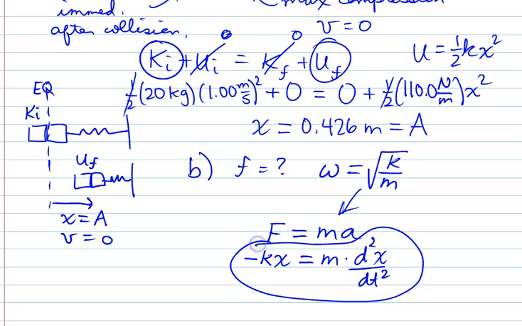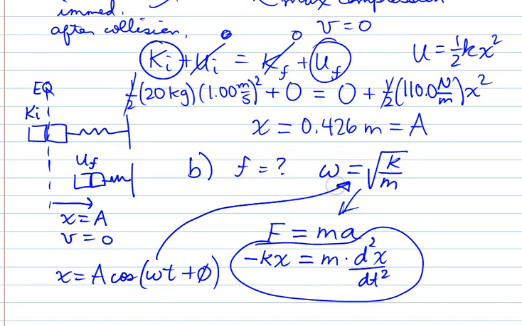This is presented in the book in a little more detail, and this is how we find that x is equal to A cosine of omega t plus some constant, where omega is the square root of k over m. So we simply plug in the square root of 110 over 20, and we get omega is 2.35 radians per second.